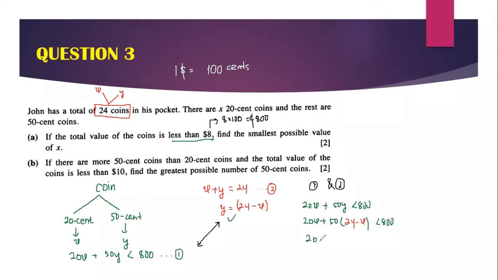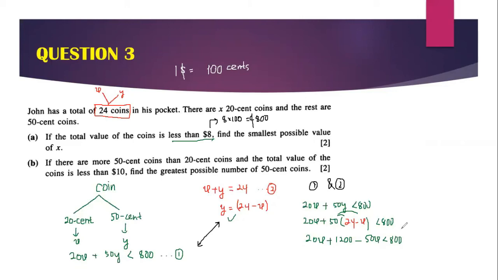Okay, 20X plus here, how many? 1,200, right? Minus 50X less than 800. Is it correct, everyone?